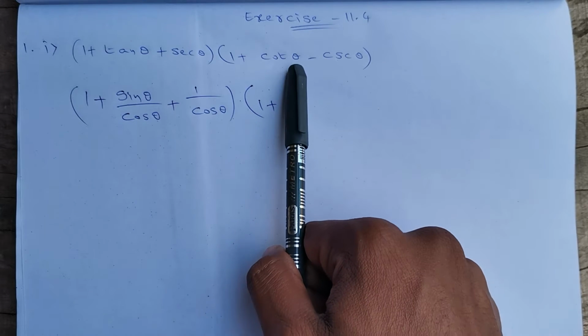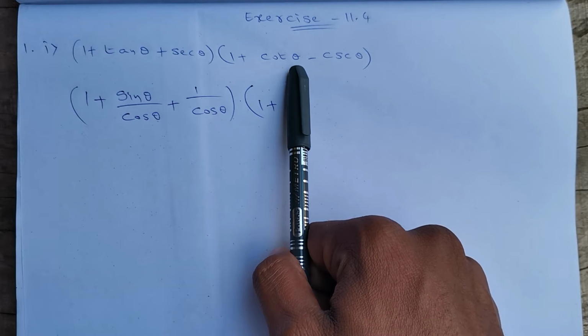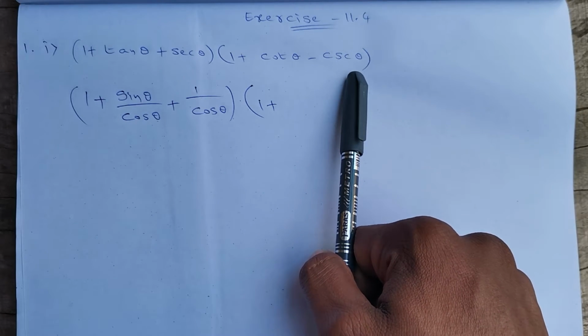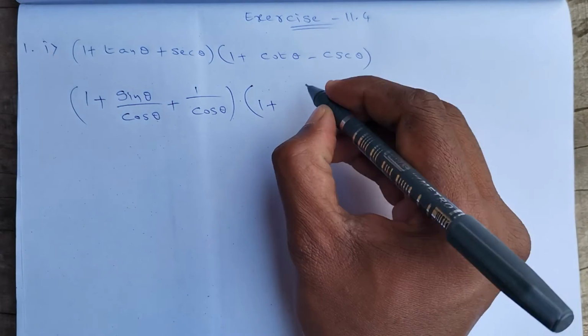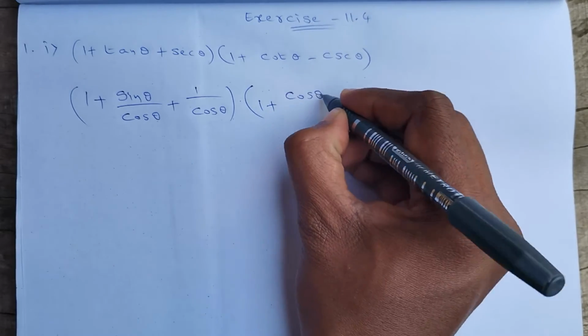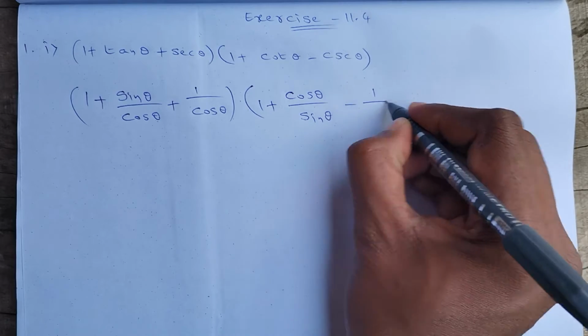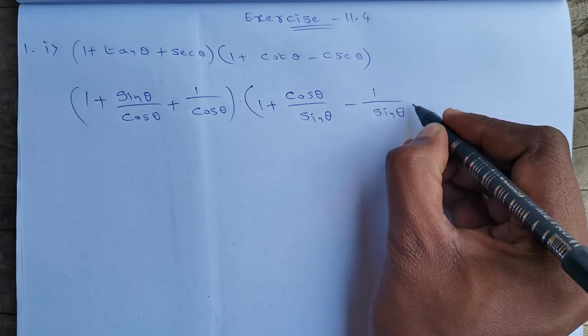Cot θ can be written as cos θ by sin θ, and cosec θ can be written as 1 by sin θ. So cot θ minus cosec θ is cos θ by sin θ minus 1 by sin θ.